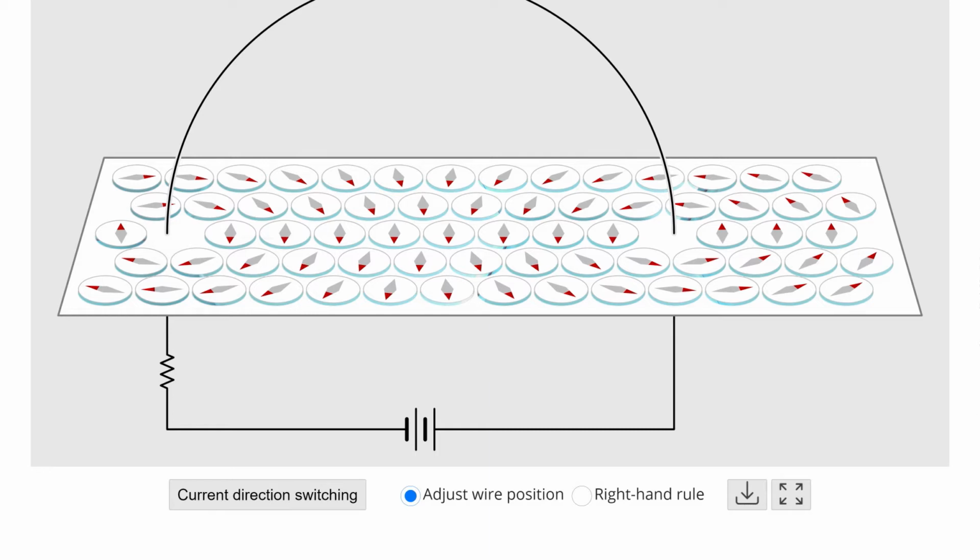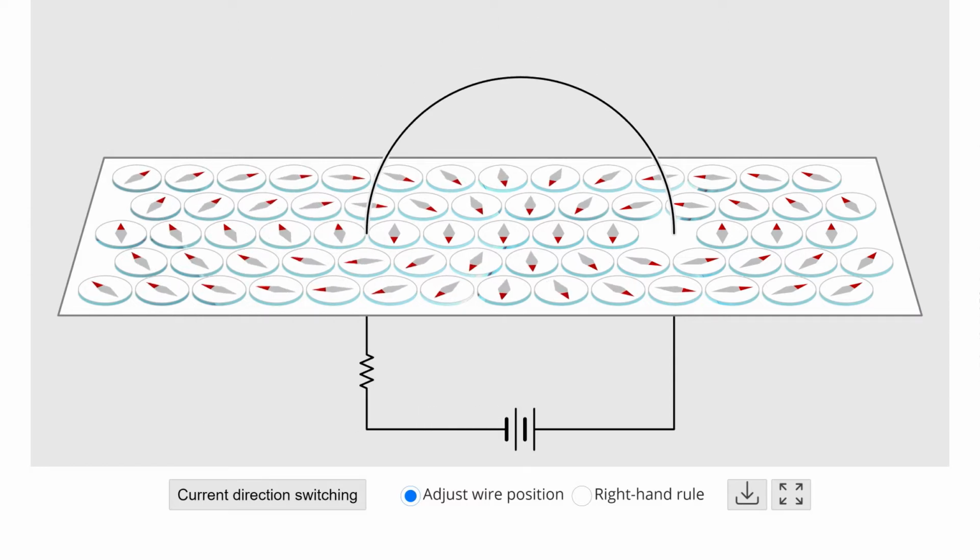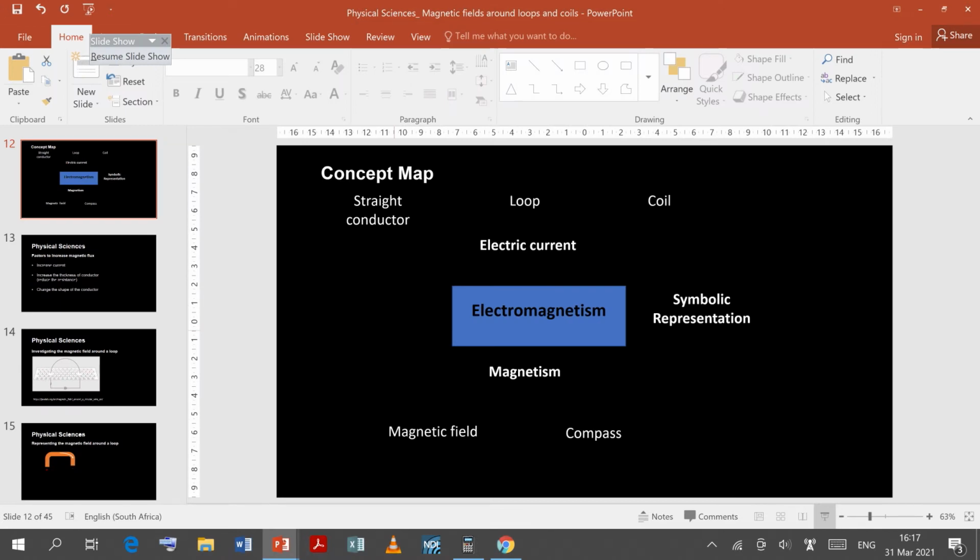If we bring them closer together, you'll see that there's a stronger field in the middle here. More of those compass needles are kind of pointing in the same direction. It's not as clear as I would have liked it to be, but anyway, that's a little bit of an investigation.